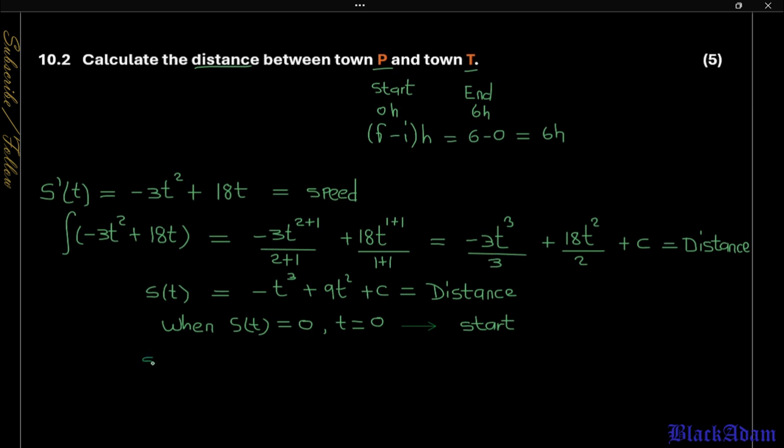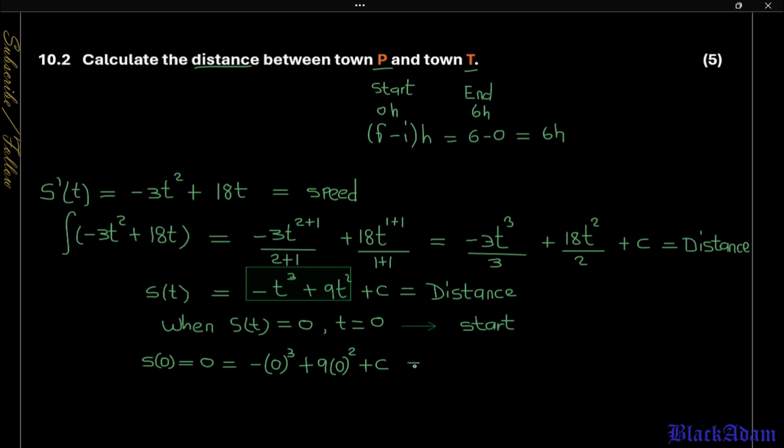So when substituting 0 there, it equals 0 when t is 0. We're using that equation there: minus t to the power 3 plus 9t squared plus c. Substituting t for 0, t is 0 squared plus c.